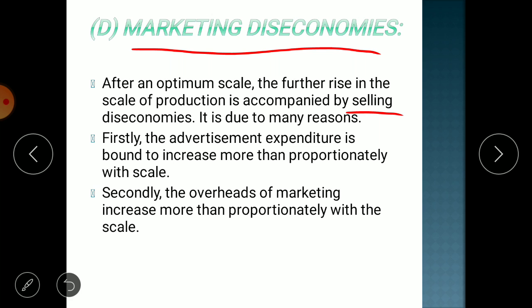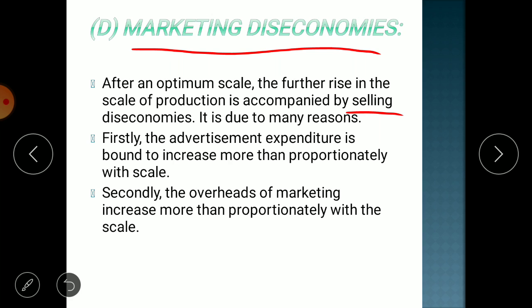For the sake of simplicity, we are assuming that international market access is not available to us. Then we have to sell within a nation, and we have already tapped the national market. And if you are still increasing the production, what will happen? Supply will increase, demand is not that much in the market, so price will reduce, profit will reduce.